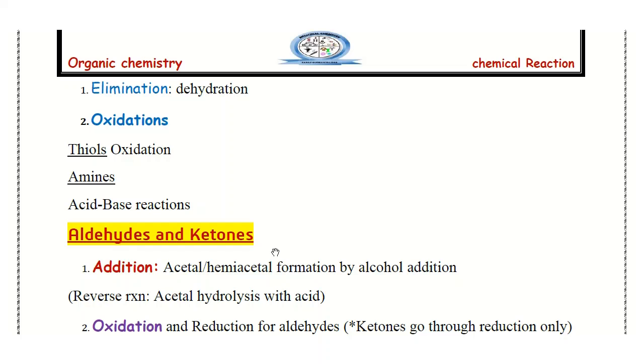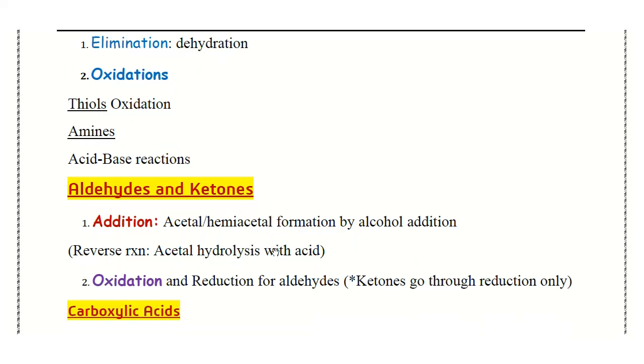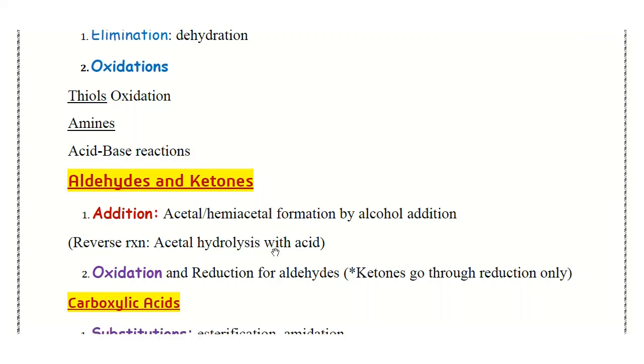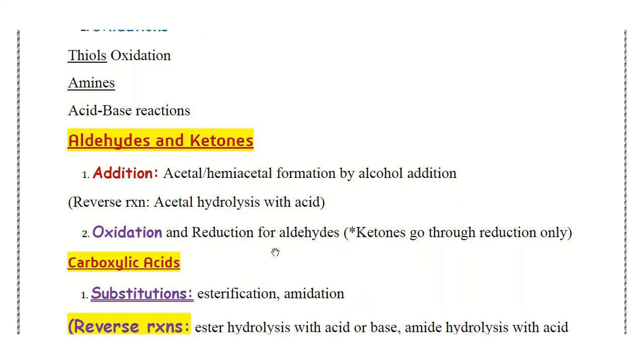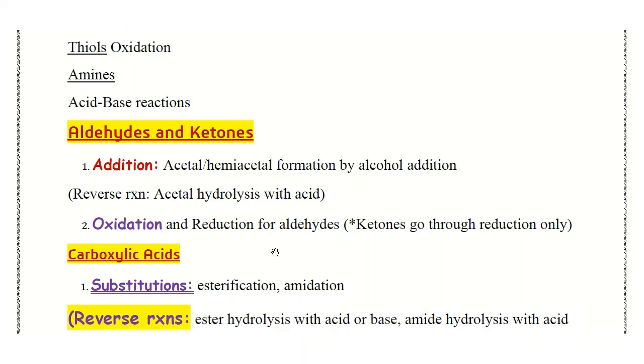The reverse reaction is the hydrolysis of that acetal with acid. They can also undergo oxidation. For example, oxidation of an aldehyde will give a carboxylic acid, and a reduction reaction can occur in the ketone to give the secondary alcohol. Ketones mainly go through reduction to give the secondary alcohol.